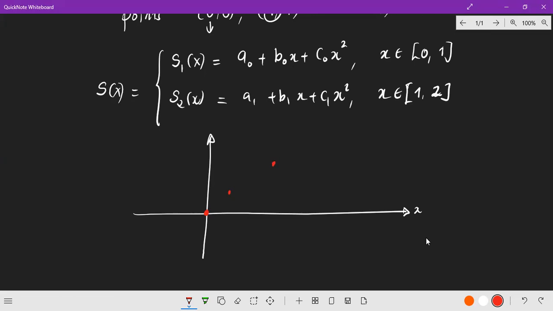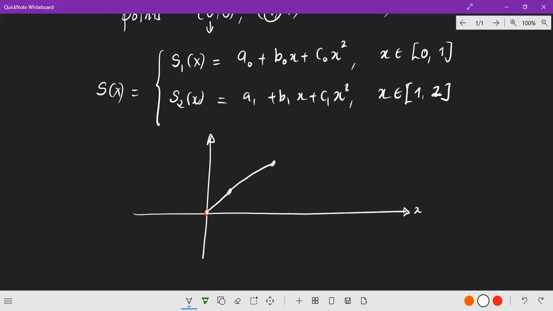Now we have to find the equations that will approximate this curve. We're going to have the first piecewise equation from here to here, and the second one from the second point to the third point. These are the two functions we're trying to find.